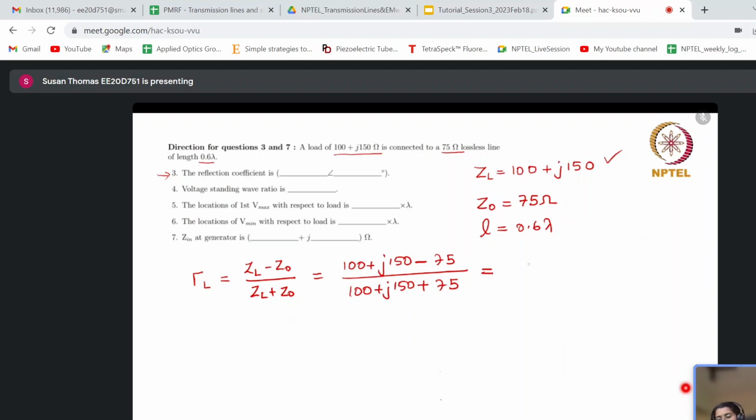This will be simplified to 25 plus J150 divided by 175 plus J150. If you take the division, we get 0.66 angle 39.9 degrees. So this is the reflection coefficient. It is complex, which has a magnitude and a phase, which is clear from the complex value of this.